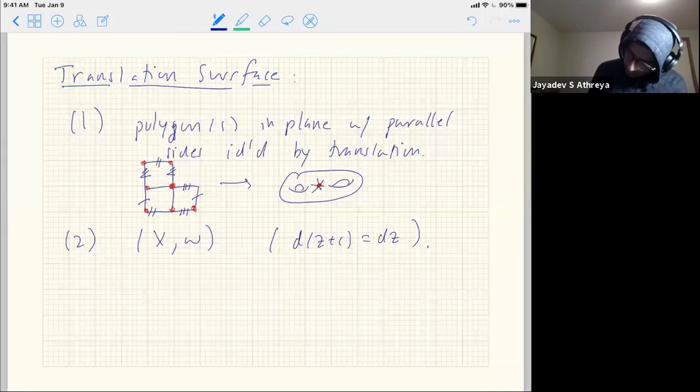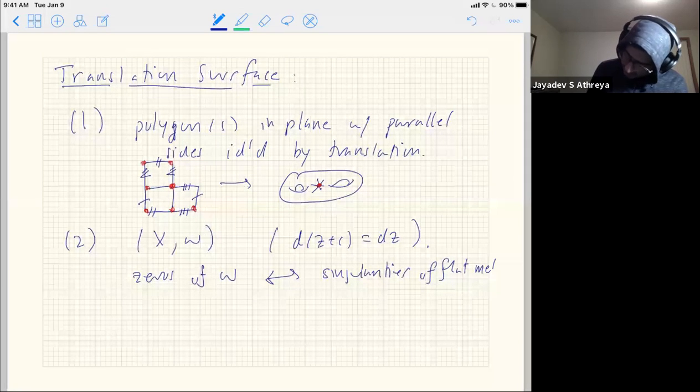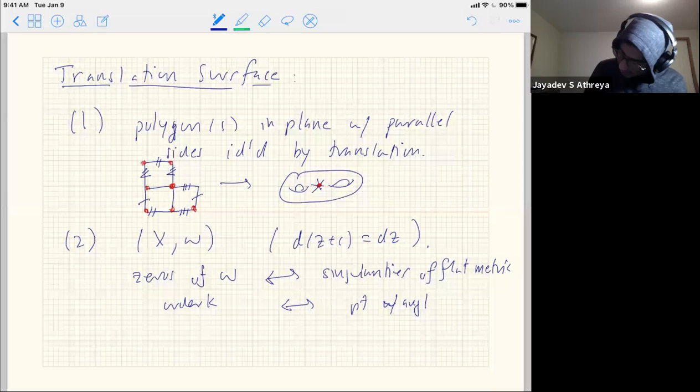And so you get a Riemann surface and a holomorphic one-form just coming from this identification, and then the zeros of omega correspond to singularities of the flat metric, and more precisely, a zero of order k corresponds to a point with angle 2 pi times k plus 1.